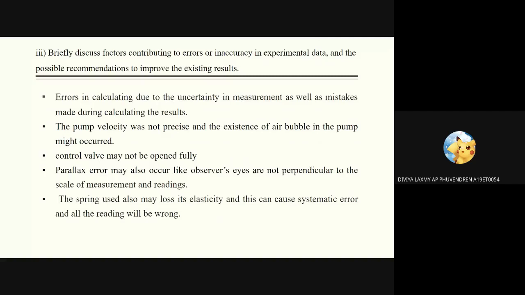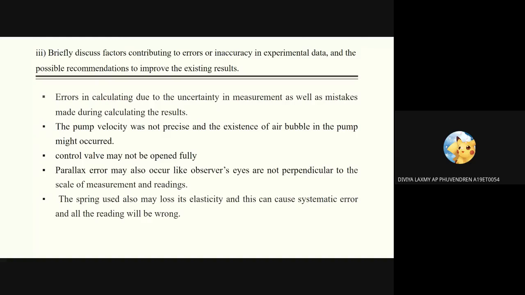Third is the control valve may not open fully. Fourth is parallax error may also occur, like the observer's eyes are not perpendicular to the scale of measurement and readings. Lastly, the spring used also may lose its elasticity, and this can cause systematic error and all the readings will be wrong.